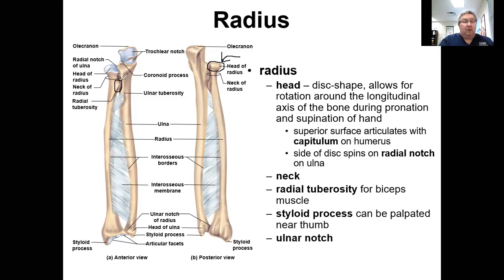So I've already told you actually the origins and insertion of the biceps brachii. The long head is the supraglenoid tubercle. The short head is the coracoid process, and it inserts onto the radial tuberosity.